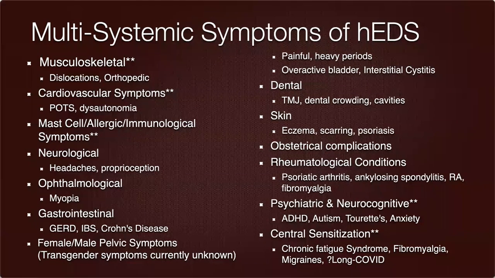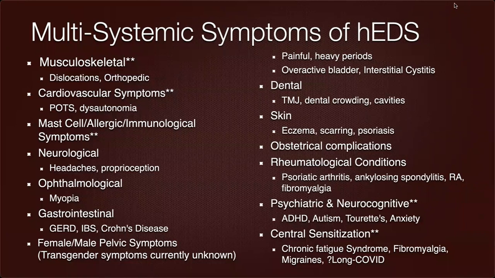That work's ongoing. It's very, very common to have TMJ. Often the joint itself is hypermobile, and the muscles will overcompensate, but there's a lot more to that one. People have done entire talks dedicated to it. Dental crowding is one of the criteria. In the skin, eczema and scarring, as we've mentioned, is not as bad as in classic or classic-like, but it's pretty significant.